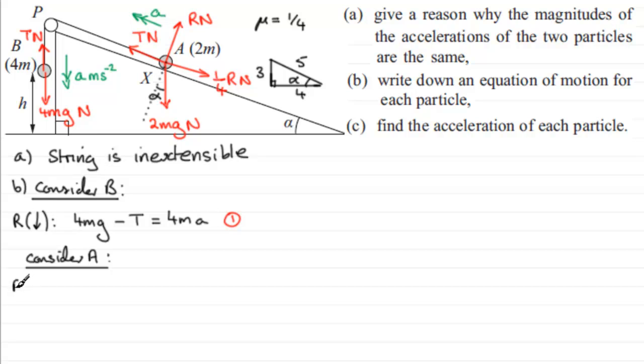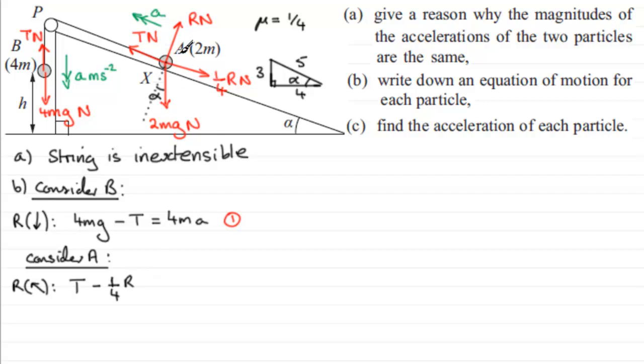So if we resolve up the plane, taking up the plane as positive, then T acts up the plane, so we've got T. And then we've got the frictional force. The frictional force acts down the plane opposing that motion, so it's going to be in the negative sense. So we've got minus a quarter times R, the normal contact force.